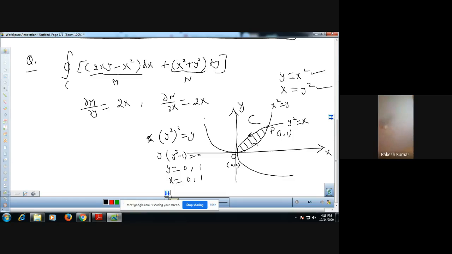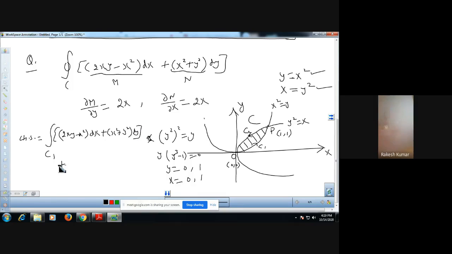Now we have to find out the left-hand side. The left-hand side of Green's theorem involves the two curves, C1 and C2.